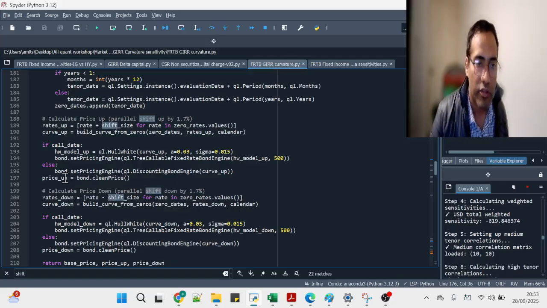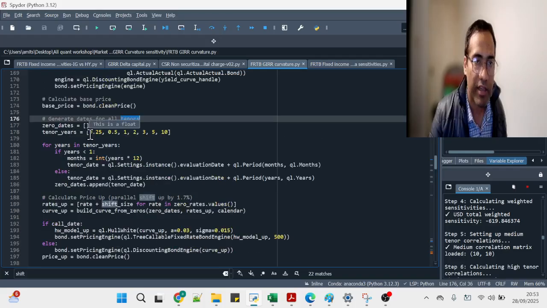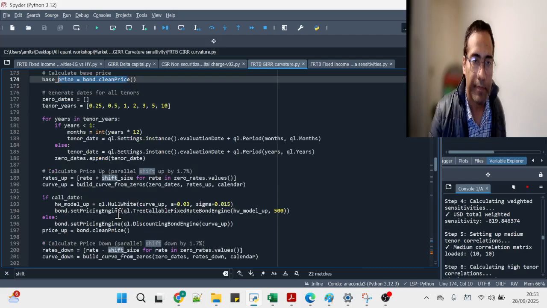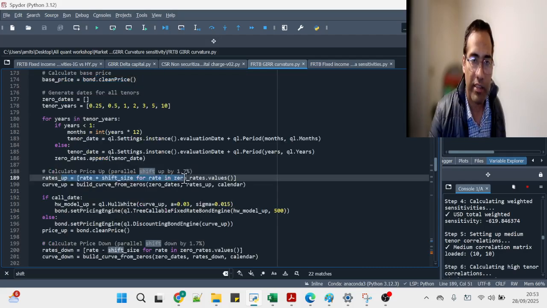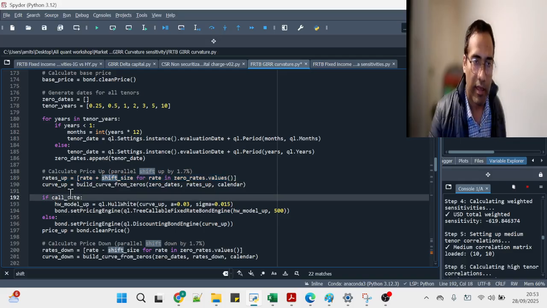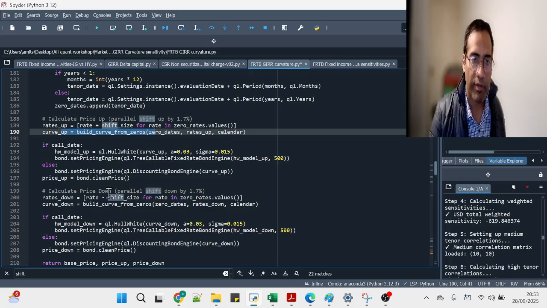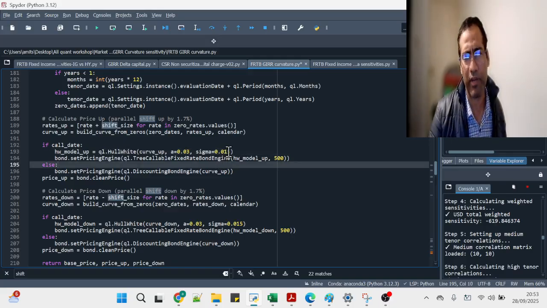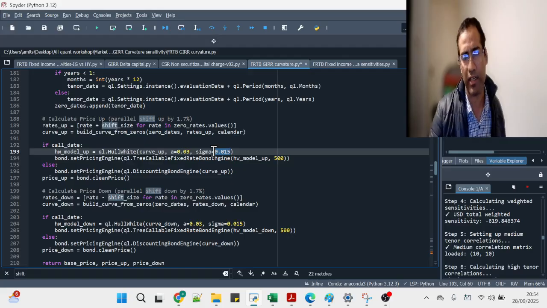So we shift up and down, and after the shift, what do we do? Your base price was somewhere here, which is today. This is your clean price today. Then you increase the rates, all the tenors up. This is your curve up. This is the Hull-White model, volatility is 1.5%. If you remember, for the Vega calculation, we increase it by 1% and decrease it by 1%, and then calculate the Vega sensitivity.